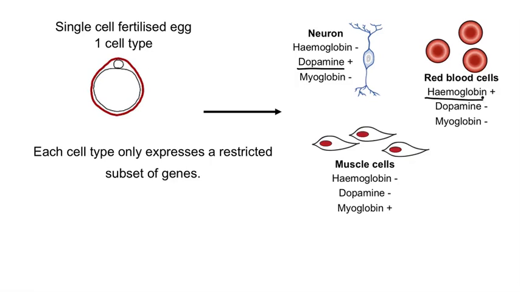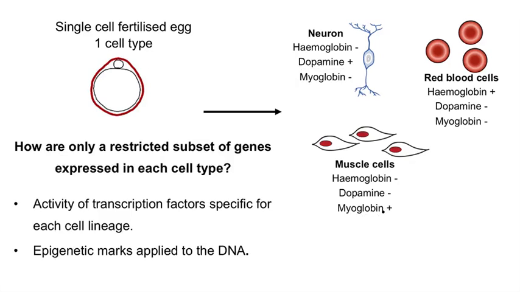But red blood cells don't make dopamine or myoglobin. And finally, muscle cells do make myoglobin, but not hemoglobin or dopamine. So while here we're just thinking about 3 genes, this happens in a genome-wide context for all 25,000 genes. And you have the expression of these restricted subsets of genes, which enables the phenotype and the function of each cell.